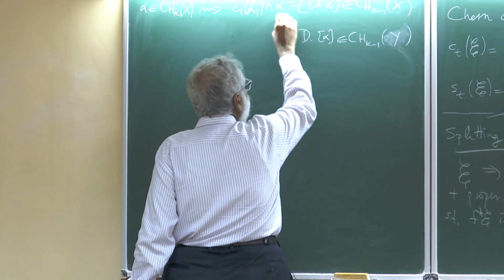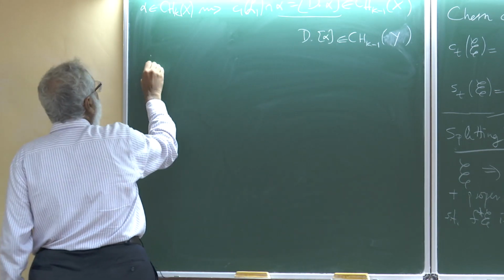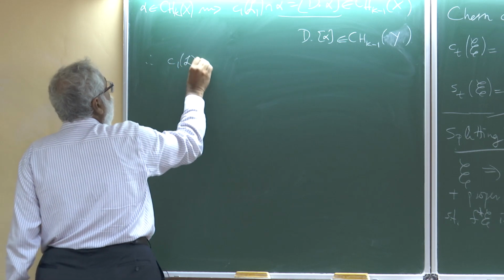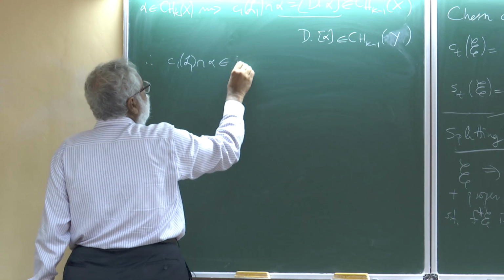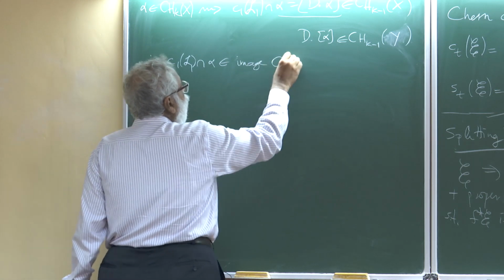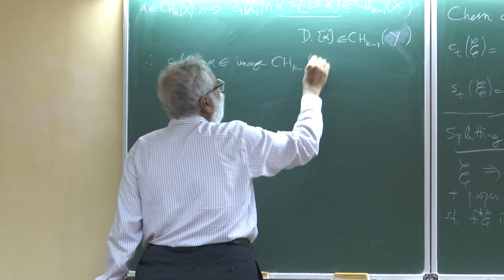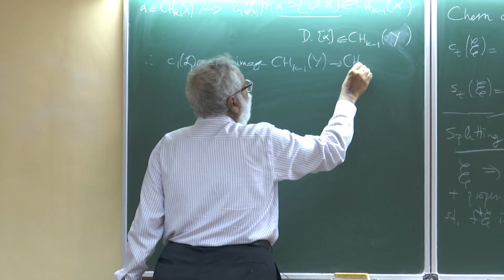So this class here, C1 L cap C1 L1 cap alpha, actually belongs to the image of Chow K minus 1 of Y to Chow K minus 1 of X.